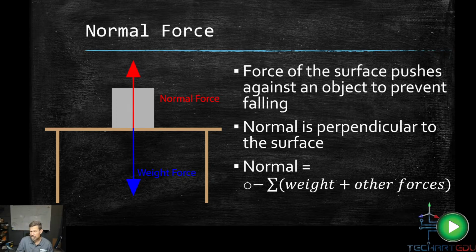So that means if you were to push down on the block, so basically you're working with force in order to push that block onto the ground, well then the ground's normal force is balancing not only the weight of the object, but the weight of you pushing down on the object. So it's a negative force. It's the summation of all of those things. It's the addition of the weight and all the other forces pushing down, going along with gravity, and it's the negative of all those. So it's kind of like going in the opposite direction. So that's the normal force.